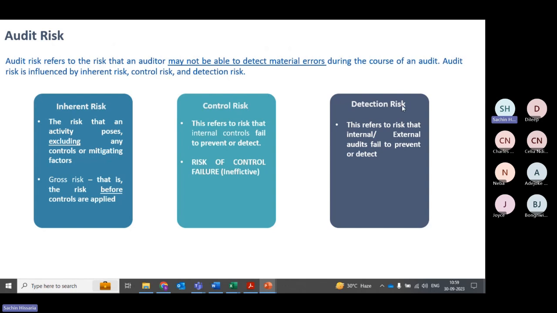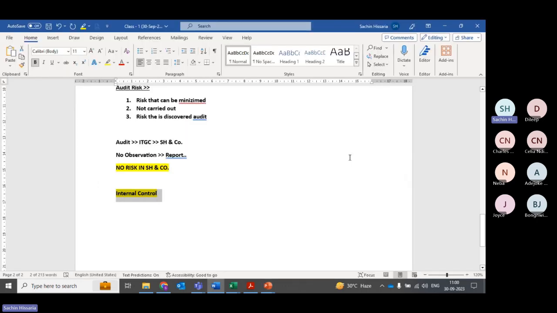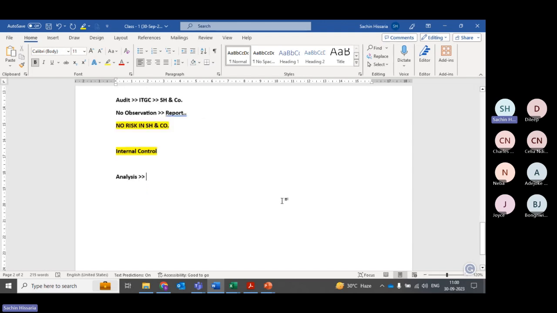The next is detection risk. It is a risk that your auditor will fail to prevent or detect any error while doing an analysis. Suppose when you are doing an analysis of the data that is shared by the entity, there is anything that you have missed, because you are also a human being and there are chances that you can make mistakes, correct?